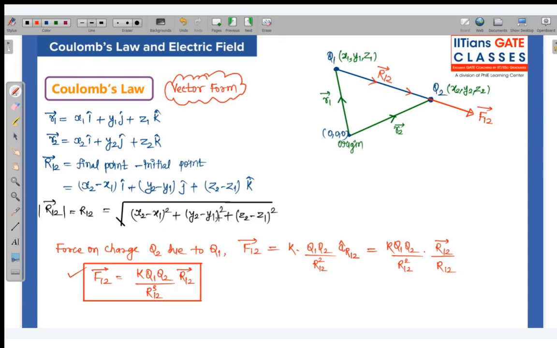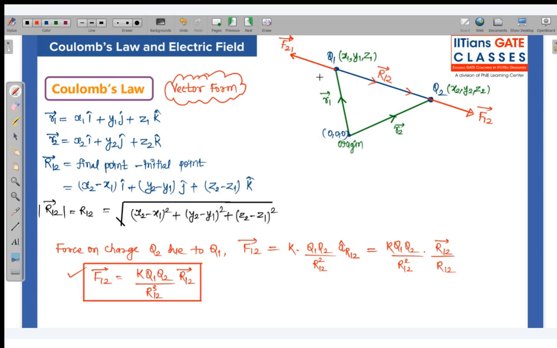So vice versa you can do, only the sign will change. That is, when you calculate the force on charge Q1 due to Q2, it will be F21, because the direction of the line joining will reverse. Rest of the things will be the same. The distance between the charges is the same. The product of the charges is the same. So what will change? Only the direction.